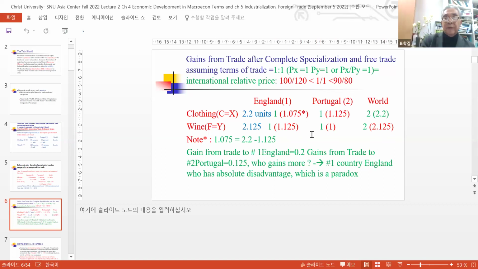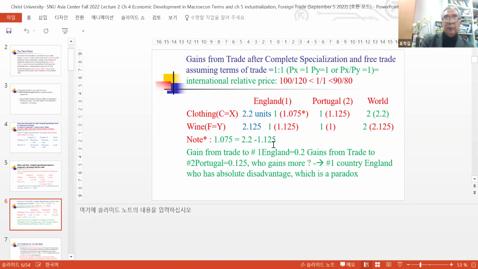What are the gains from trade? World total gains from trade in clothing are 0.2 extra units. Gains from trade in wine are 0.125 extra units. So world welfare has increased substantially. How about Portugal? Portugal has 2.125 units of clothing and wine.